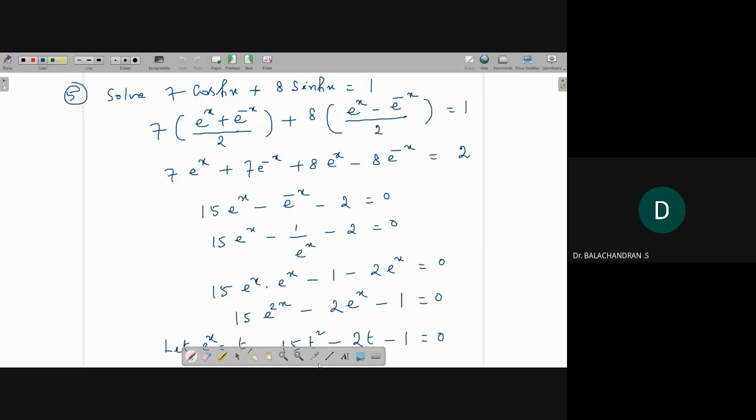To solve the quadratic equation, you are telling the method. Everybody knows that method, multiply by minus 15, add minus 2. For those who don't know the method, if you tell, then you are good.